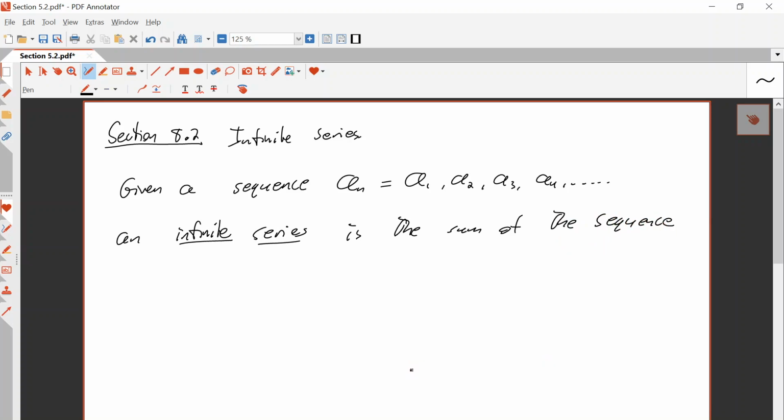So you write the sum n equals 1 to infinity, or n equals 0 to infinity, of a_n, which is a1 plus a2 plus a3, so on and so forth.